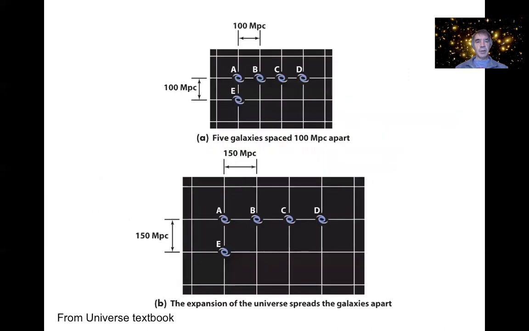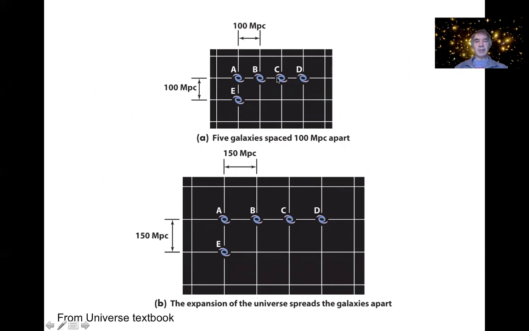Okay, so let's address a few of those points to try and explain why an expanding universe explains Hubble's law. So here we're considering the universe, just so that we can visualize things, as two-dimensional rather than three-dimensional, or even four-dimensional for a moment.